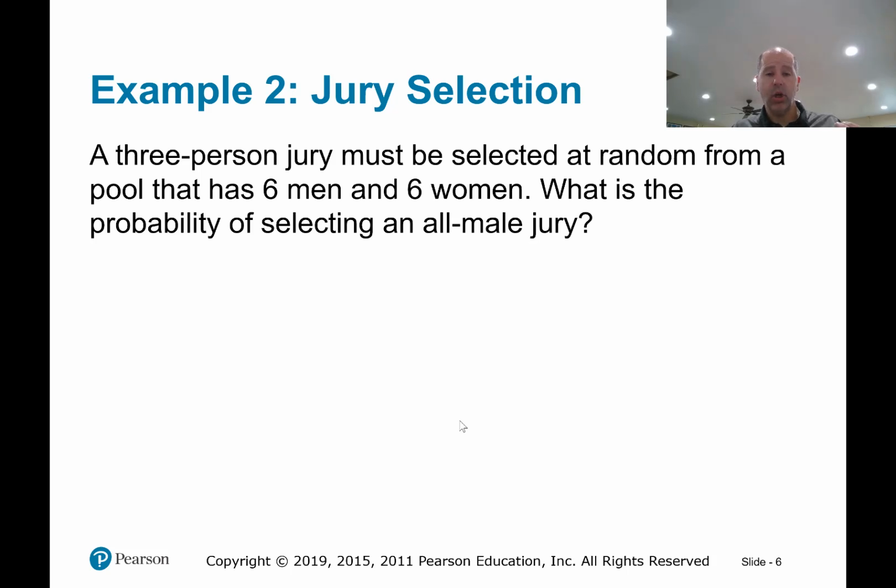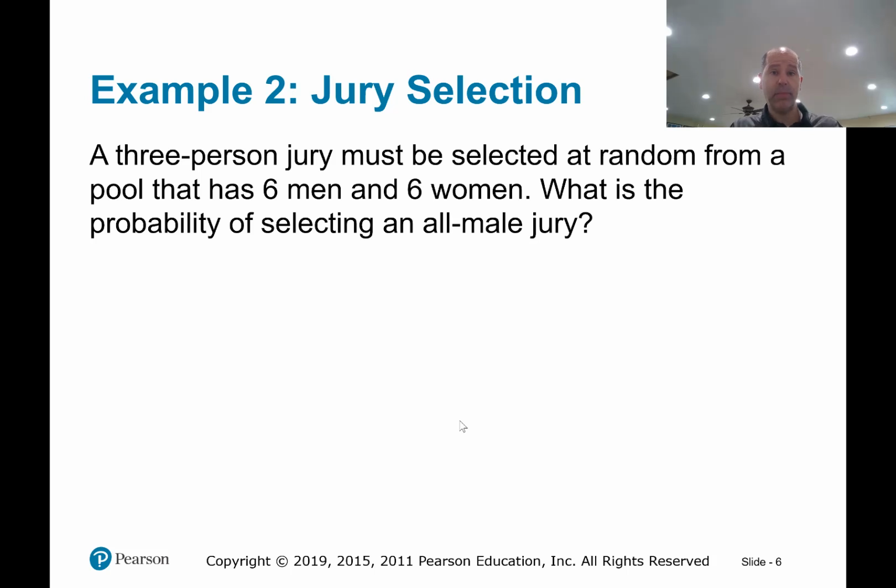Okay? So in this case, these are not going to be independent events, because every time I choose someone, it's going to change the probability of selecting the next person, because the number of people in my pool is decreasing. On the first person, I have 12 people to choose from.